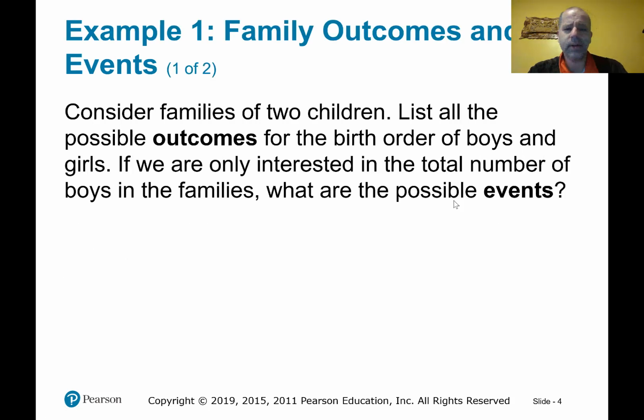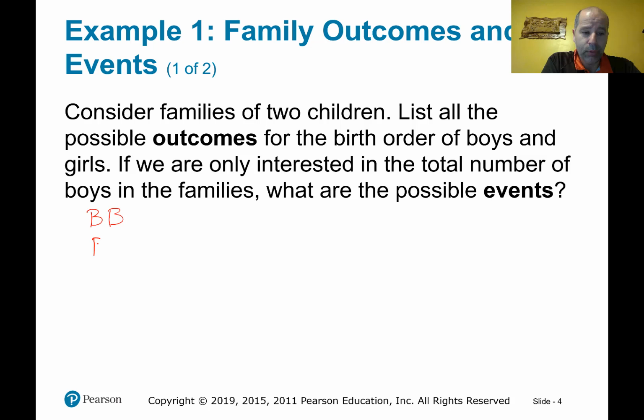So let's consider a family of 2 children. We want to list all the possible outcomes for birth order of boys and girls. If we are only interested in the number of boys in the family, what are the possible events? So what are the possible outcomes for birth order? Well, let's write them out. So we could get a boy on the first birth, and we could get a boy on the second birth.